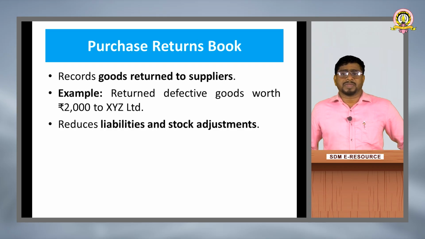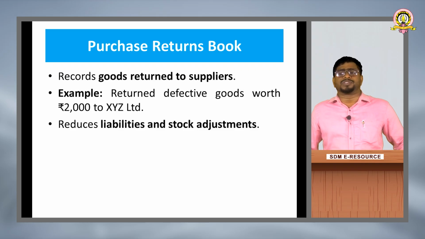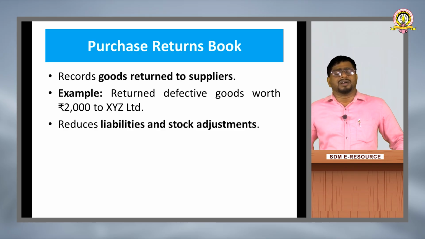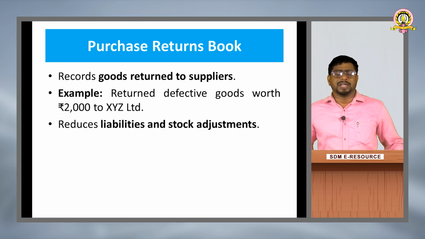Purchase return book records goods returned to the suppliers. Sometimes the business will return goods to the supplier if there is damage or defects in the goods. Example: returned defective goods worth rupees 2,000 to XYZ Limited. It reduces the liabilities and adjusts the stock.